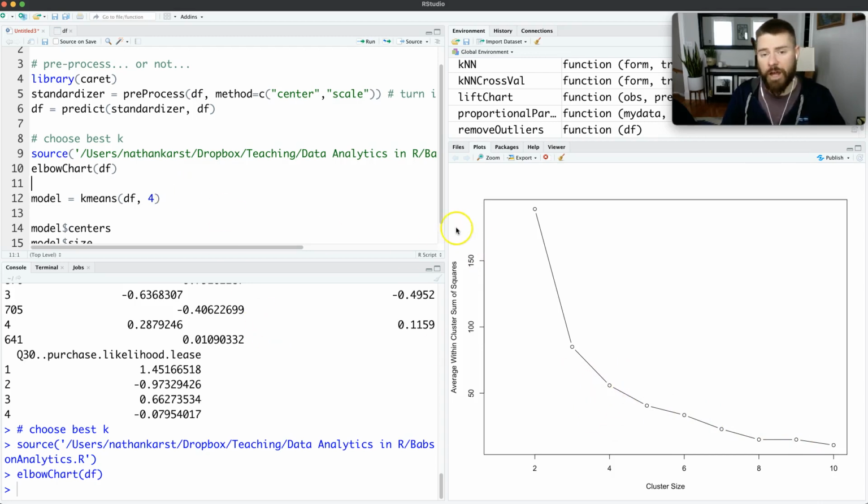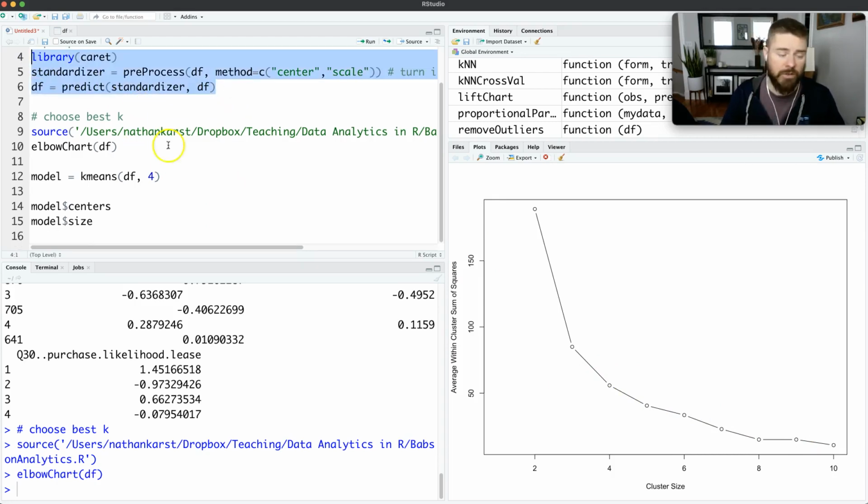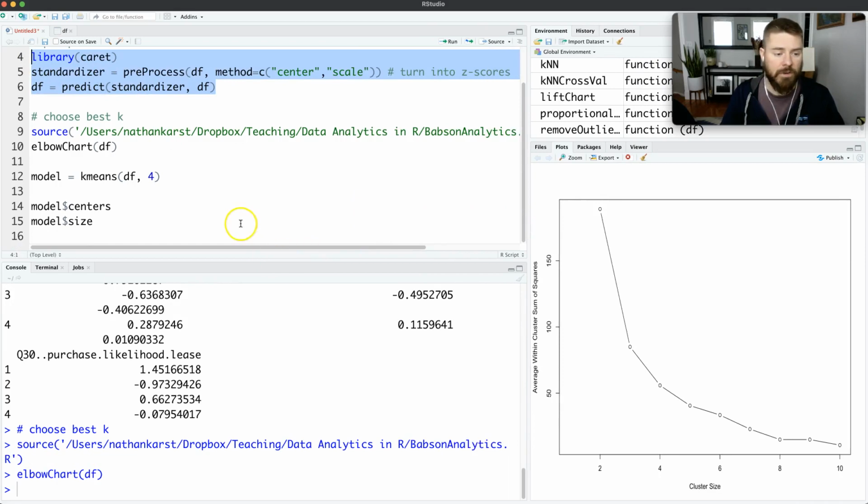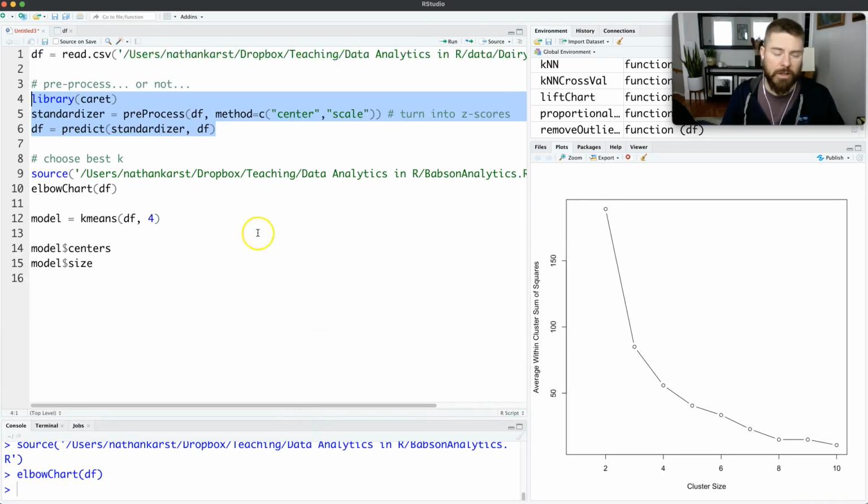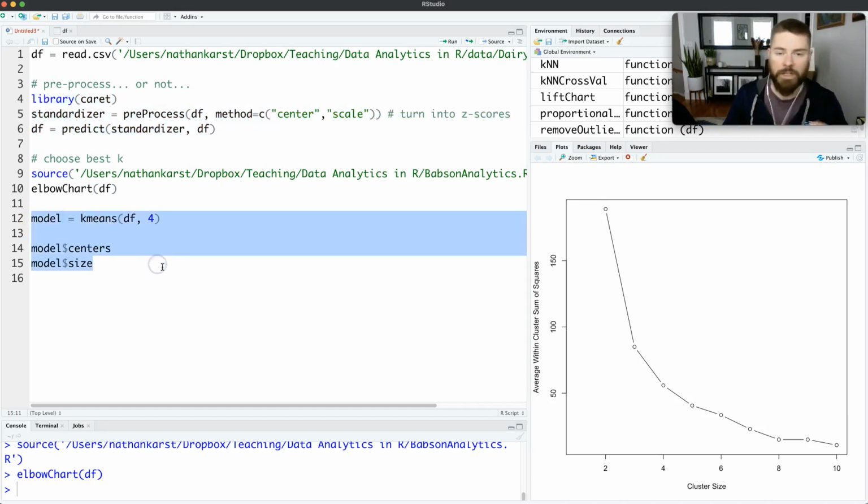You will get different elbow charts whether you standardize or not, so you have to be careful with that too. But these are our overall pieces. And I'm sorry, I thought about whether to go at this video straightforwardly or build on itself, and I decided on building on itself. You can get k-means up and running in 2 lines of code.